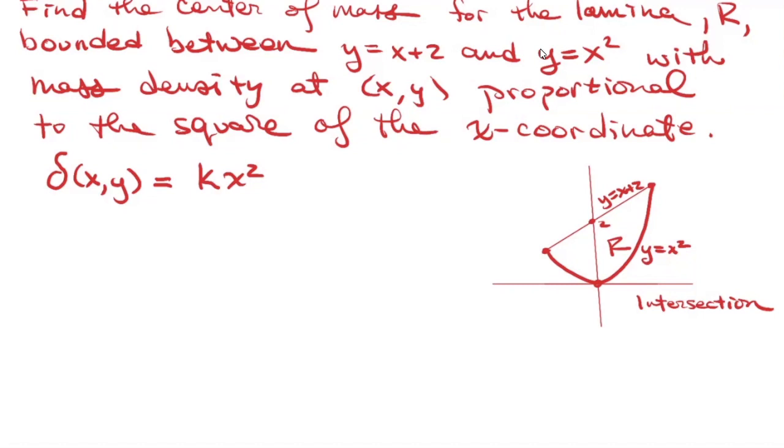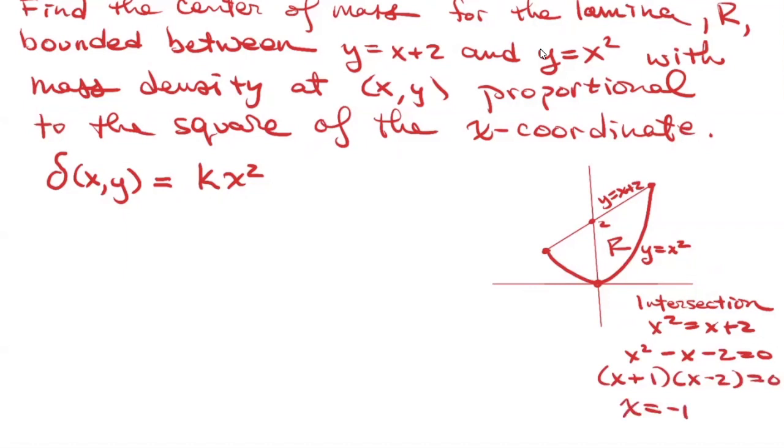Anyway, for the intersection, you get x squared equals x plus 2. So x squared minus x minus 2 equals 0. This is x plus 1, x minus 2 equals 0. So x is -1, or x is 2.